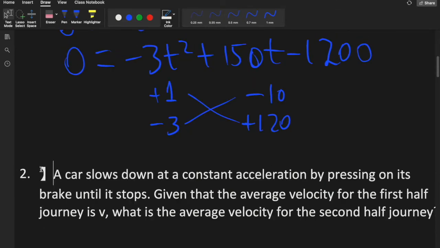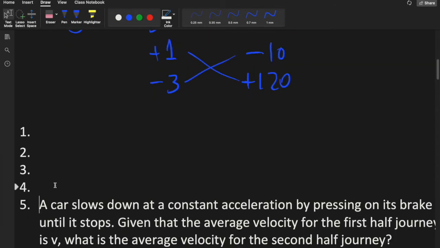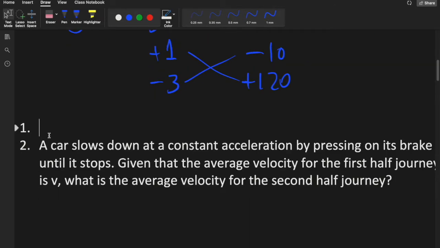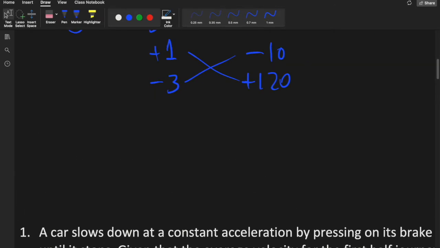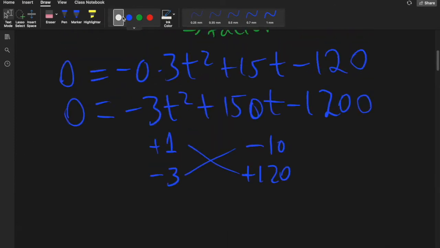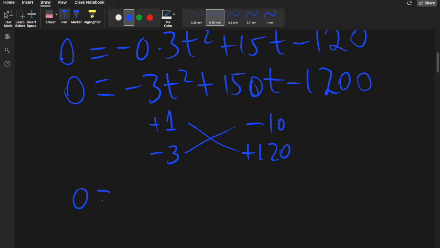It's okay. Alright, so 0 is equal to t minus 10 in parentheses, and here is negative 3t plus 120, right?